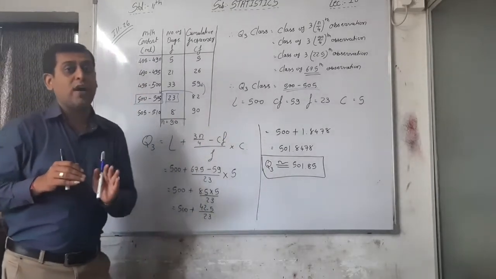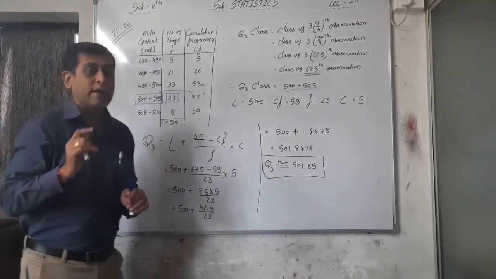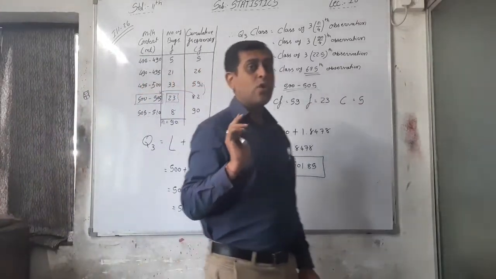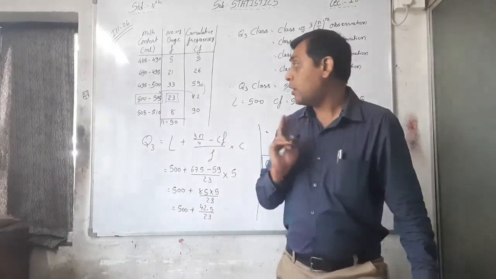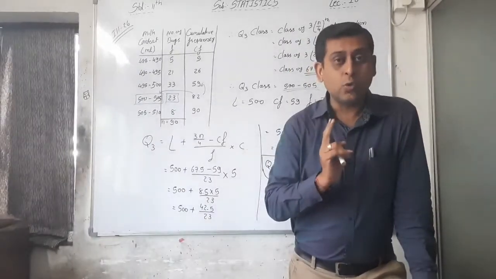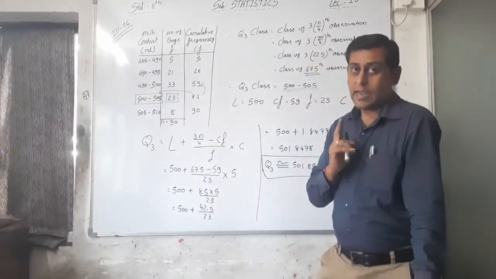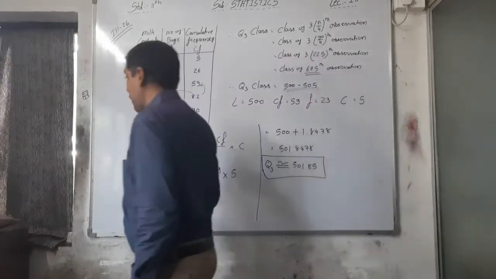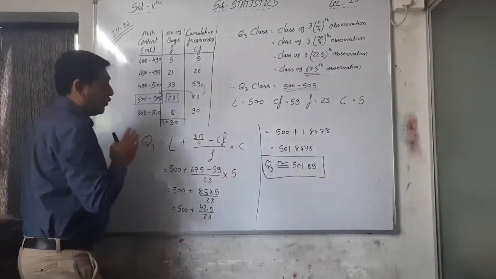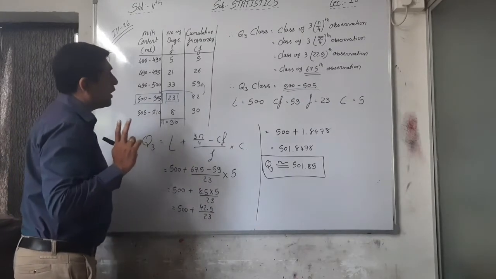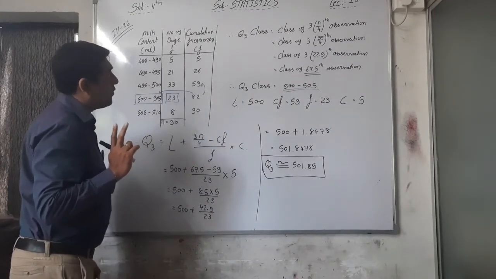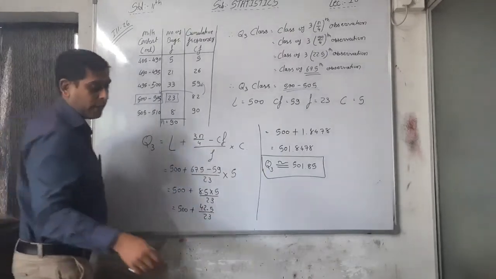This is your 5 mark sum, but here only one answer is done. You have to find the remaining 2 answers, that is D2, the second decile, and P55.